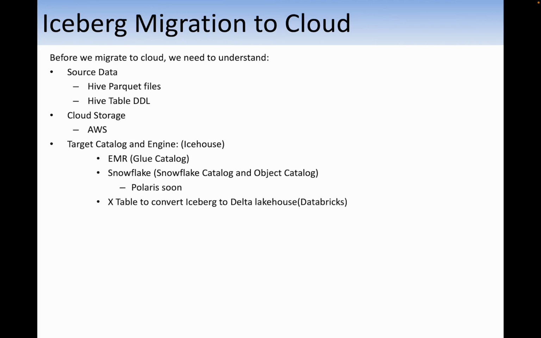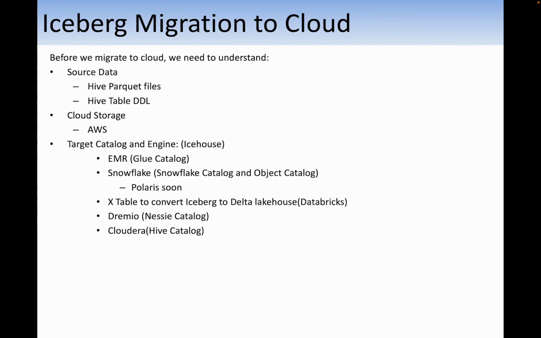Polaris is coming soon. Right now, we're going to use XTable to convert Iceberg to Delta Lakehouse so that your Databricks can read it, or maybe Hudi. Then we're also going to use Dremio, which has a catalog; the Arctic engine can read your Iceberg tables. And then the Cloudera Hive catalog.